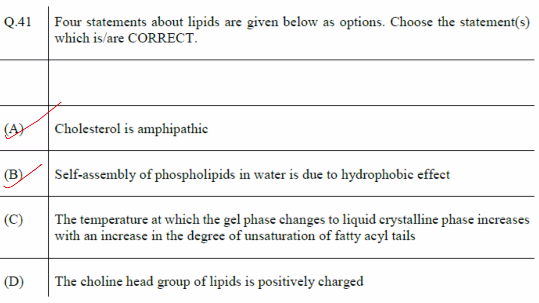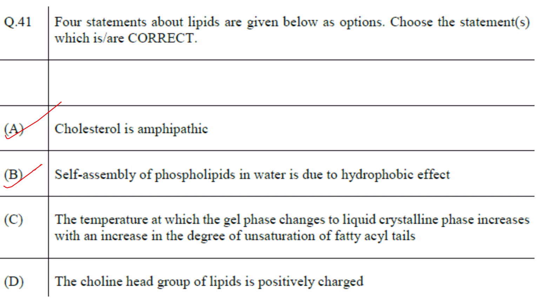The temperature at which the gel phase changes to liquid crystalline phase increases with an increase in the degree of unsaturation of fatty acid tails. That is not correct. The temperature at which the gel phase changes to liquid crystalline increases with decrease in the degree of unsaturation of fatty acid tails, because an unsaturated tail can disrupt the packing of the lipids.